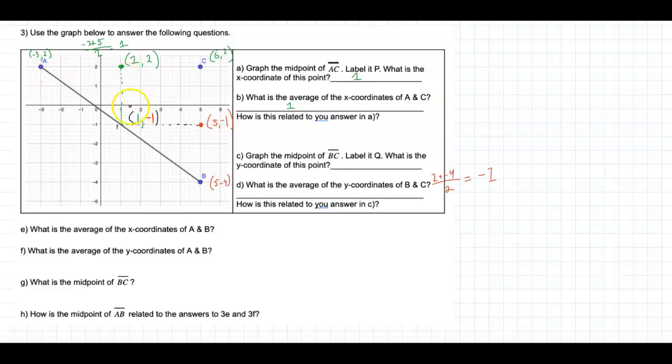So that gives us this point here where we have that midpoint. We looked at the horizontal component, then we looked at the vertical component. In other words, we're taking the averages of the x values and the averages of the y values.